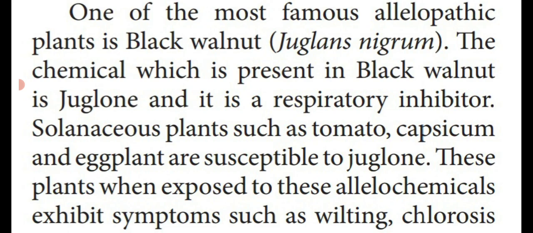And some of the Solanaceae family members such as tomato, capsicum and eggplant are susceptible to juglone. That is tomato, capsicum and eggplant. Eggplant means what is that one? Brinjal.